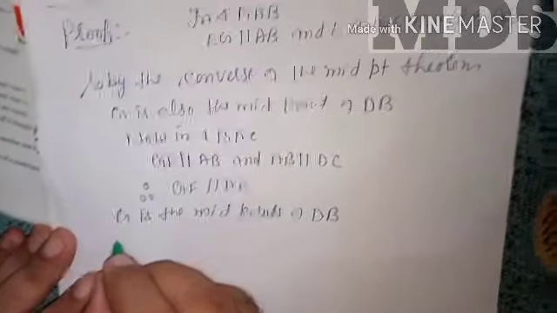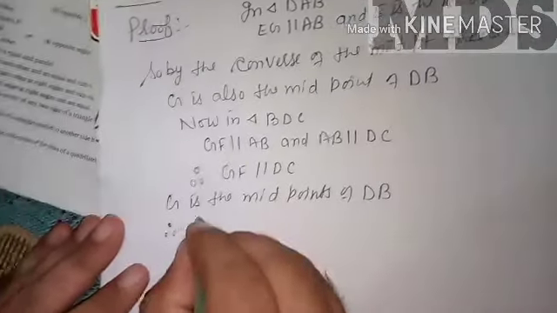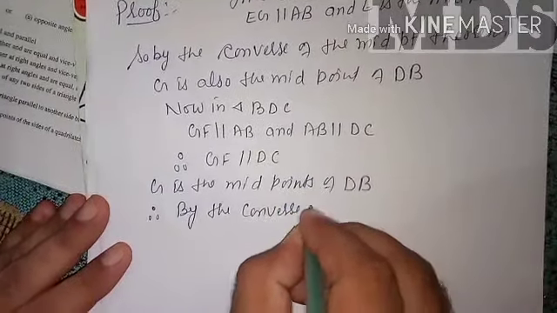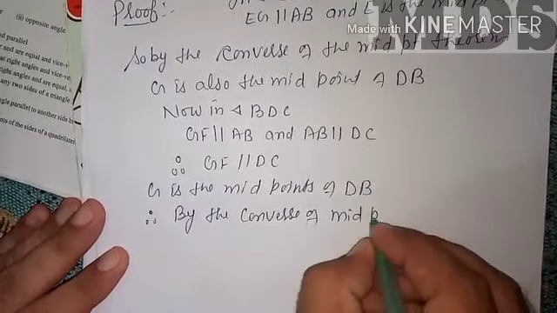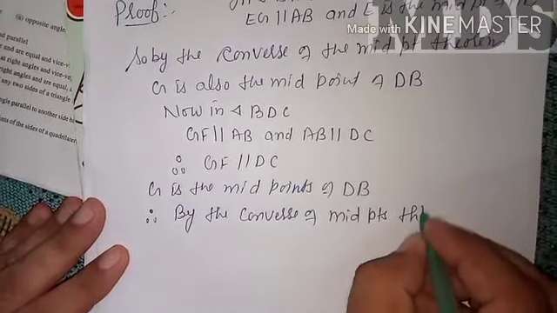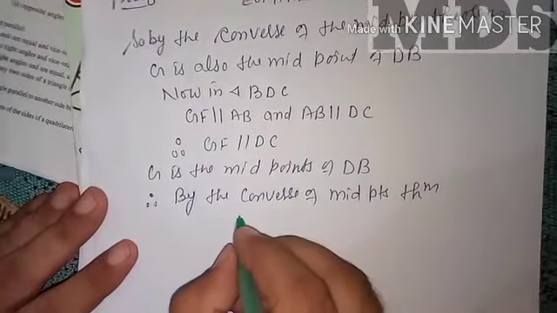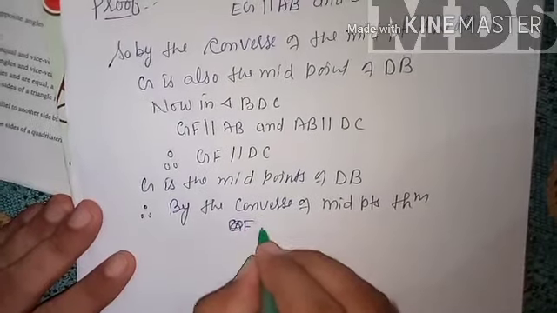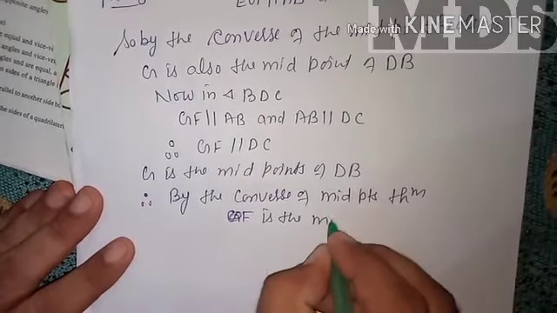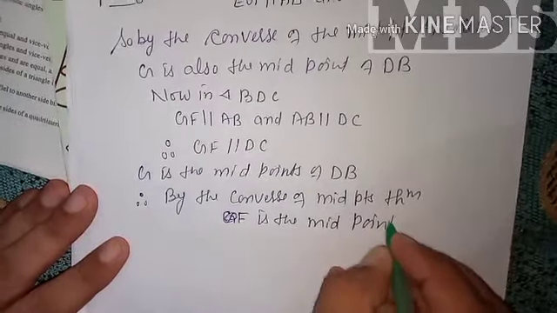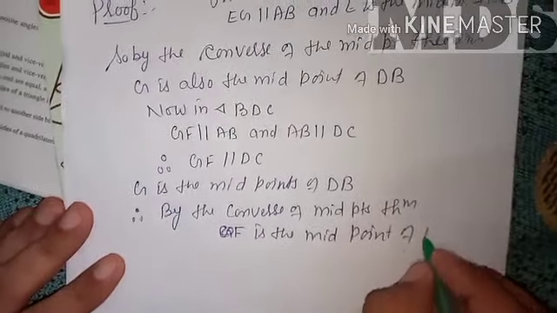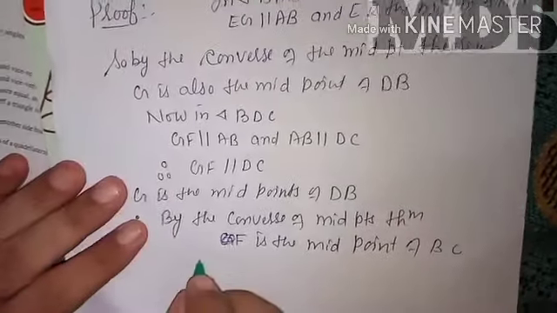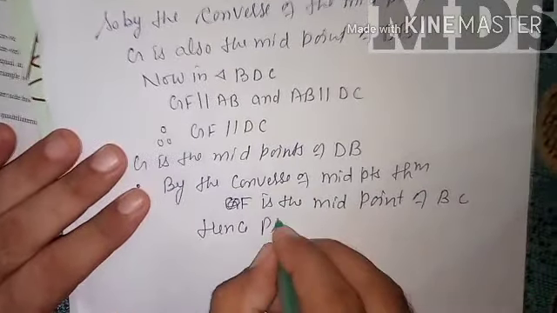So again, therefore by the converse of midpoint theorem, F is the midpoint of BC. Hence proved.